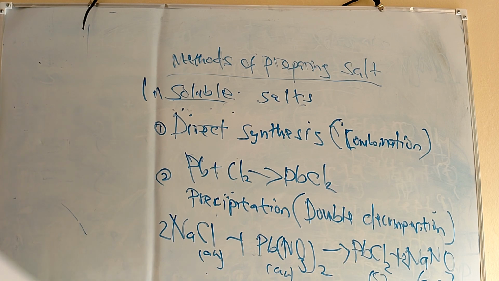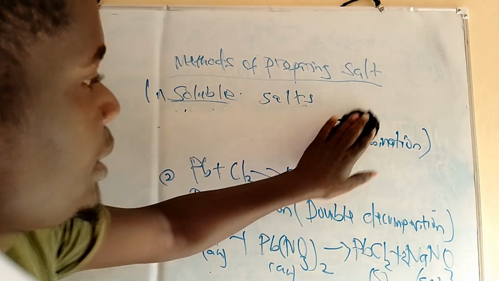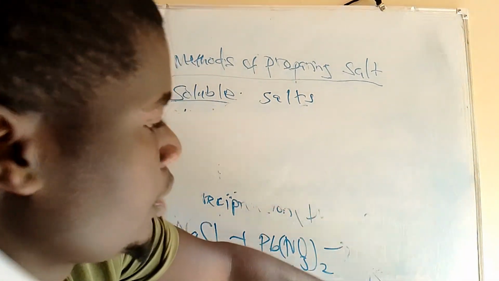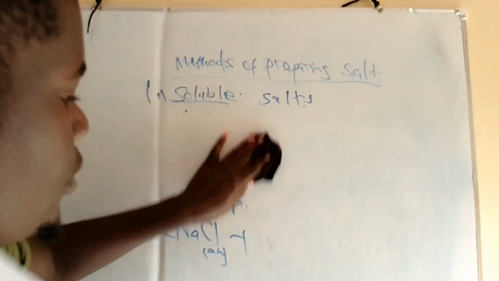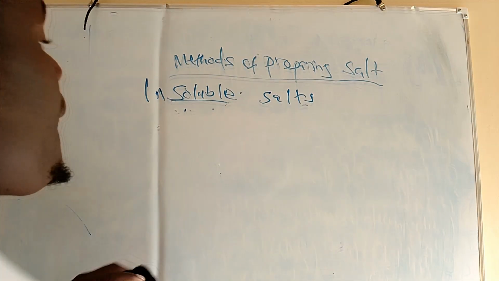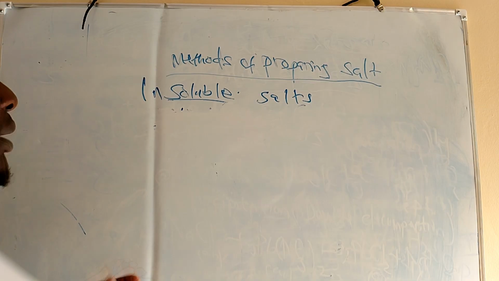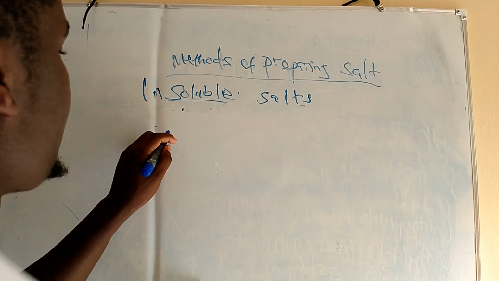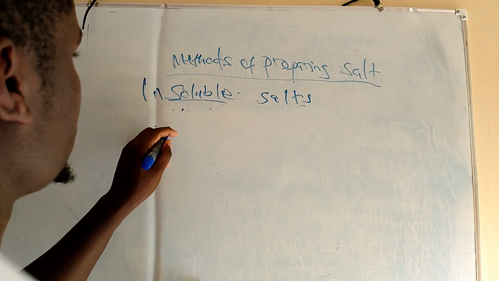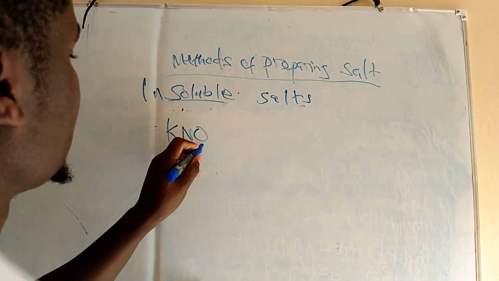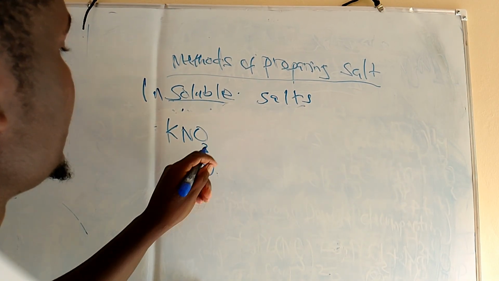You can have another example. We know now, using the knowledge of solubility of carbonates and also the solubility of nitrates. I can have potassium nitrate, which is aqueous.